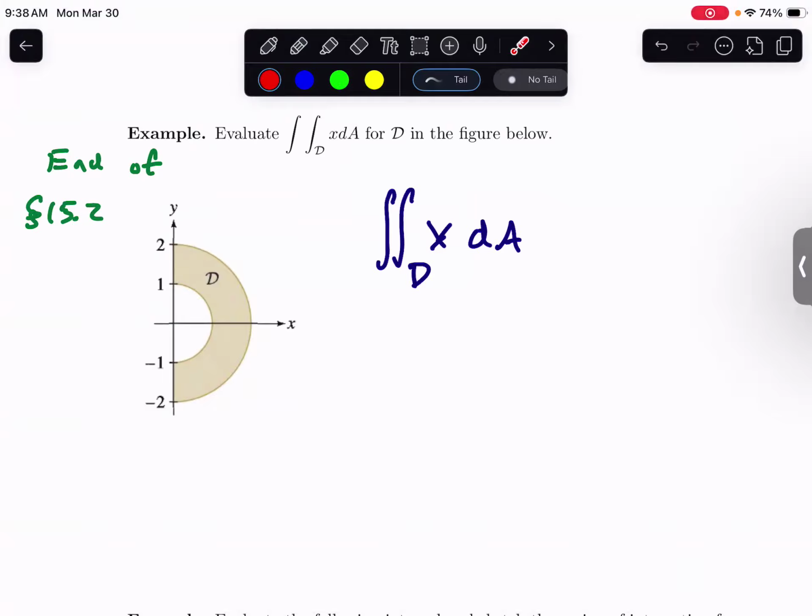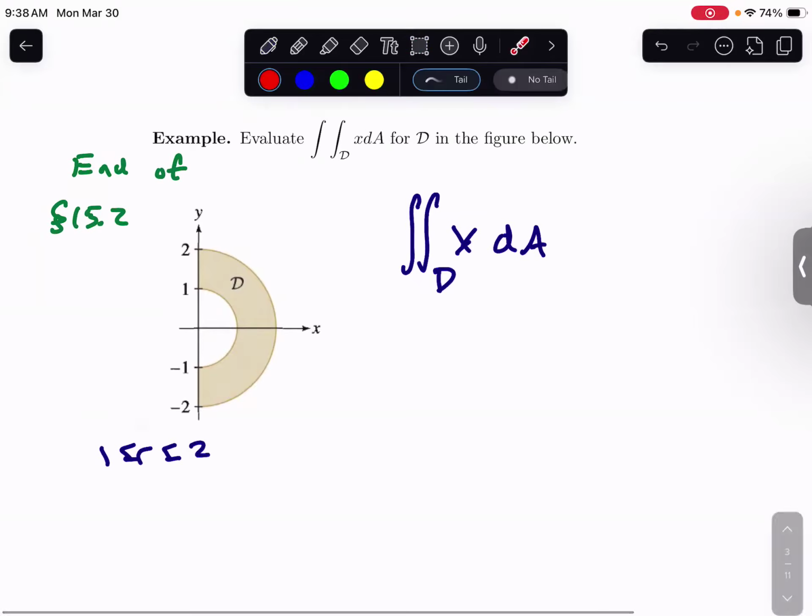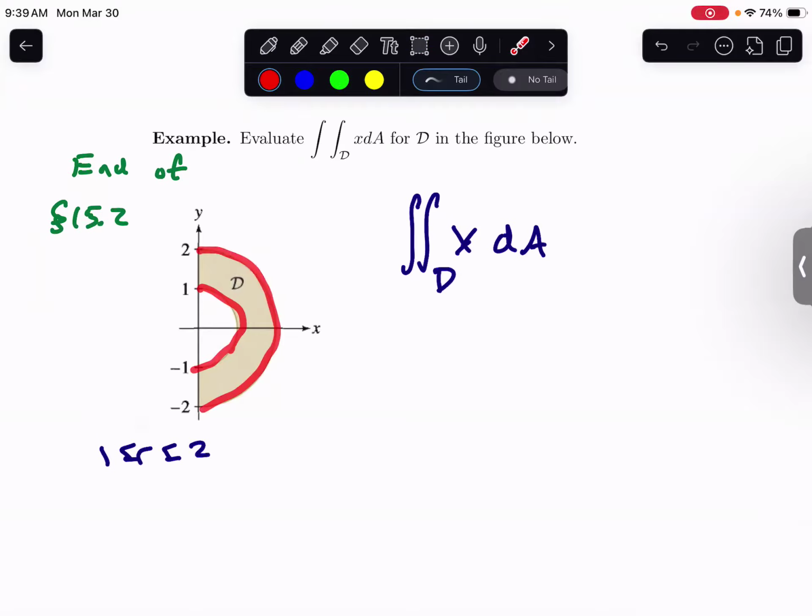This region is bounded between a circle of radius 1 and a circle of radius 2. So again, you're thinking in terms of circles with polar coordinates. r is bounded between 1 and 2.